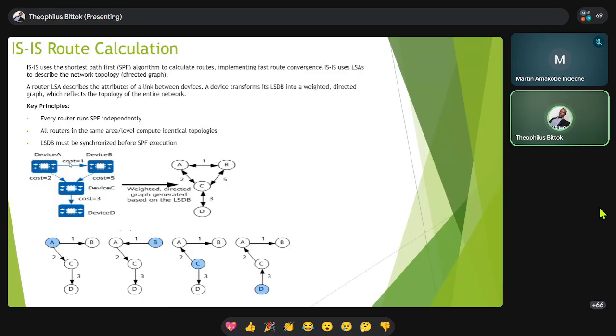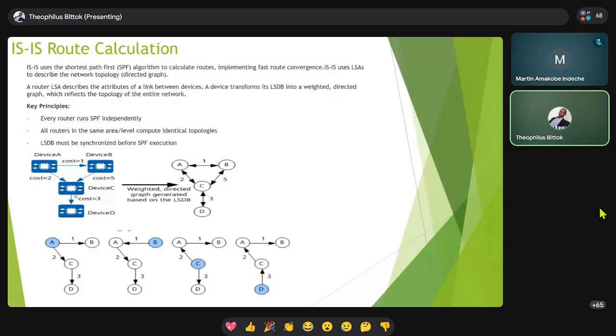Go to B first, that is a cost of 1. From B, a cost of 5, that is 1 plus 5, which makes it 6. And then go to D, a cost of 3 from C to D, so that is going to be 9. So it knows that if I use B, the cost is higher.